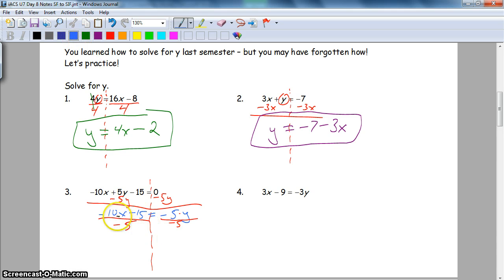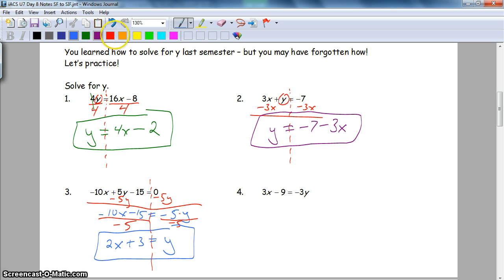So now remember, we divide everything by negative 5. Negative 10 divided by negative 5 is positive 2x. What's negative 15 divided by negative 5? Positive 3 equals y. There it is. Y is by itself, so that's our answer. Y is equal to 2x plus 3.